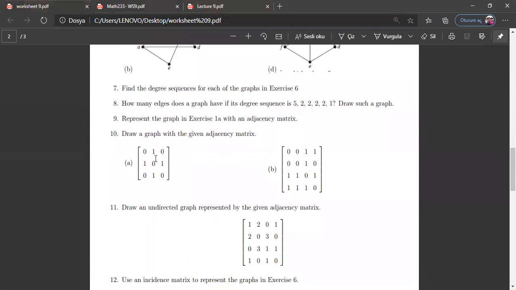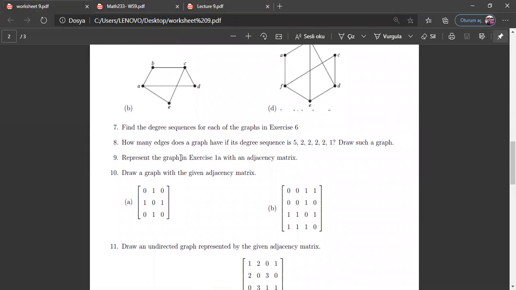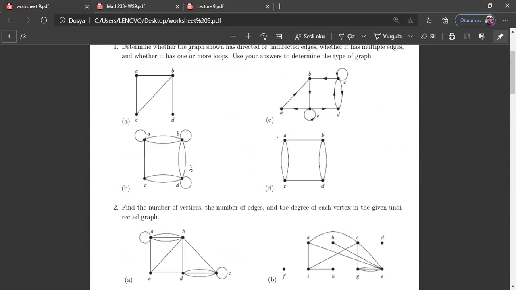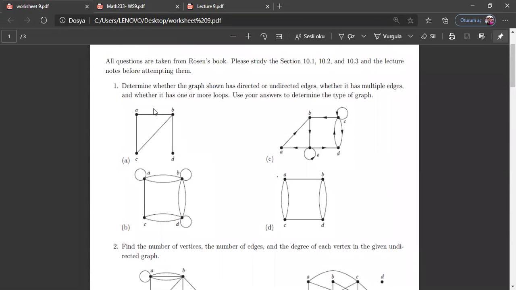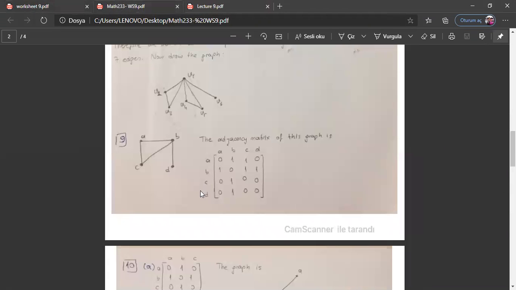Now the question 9. Represent the graph in the first exercise with an adjacency matrix. So here we have this. We will write its matrix. What do we do? We first write the vertices in order.